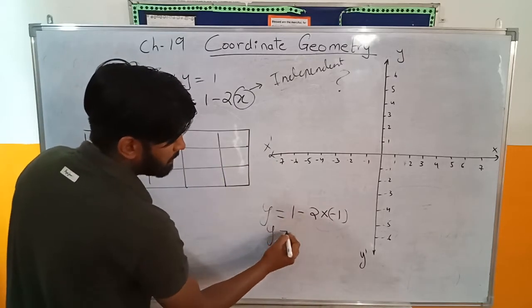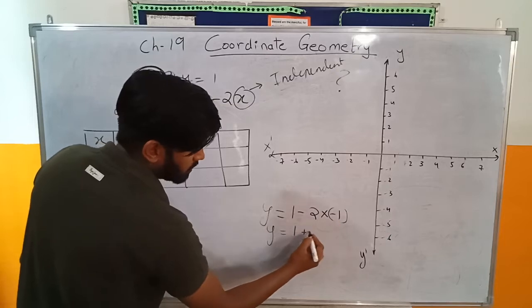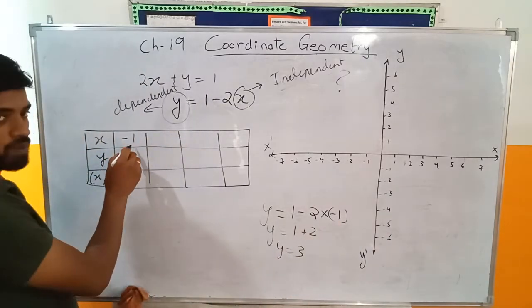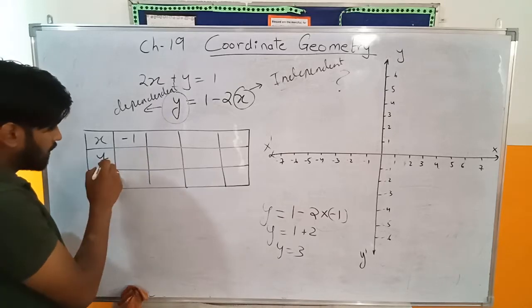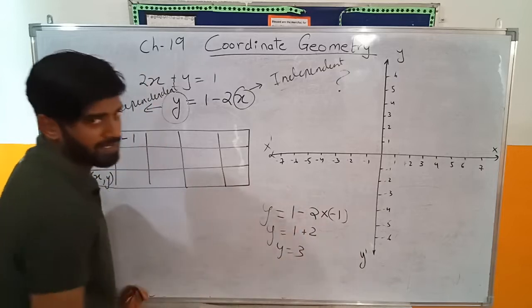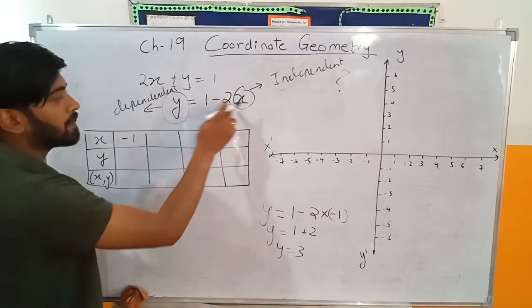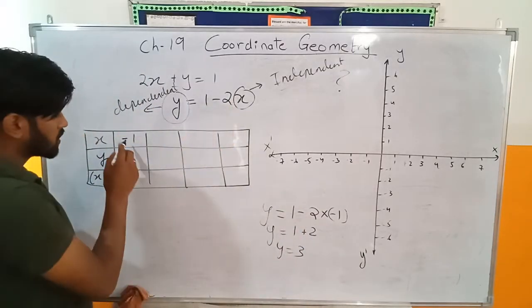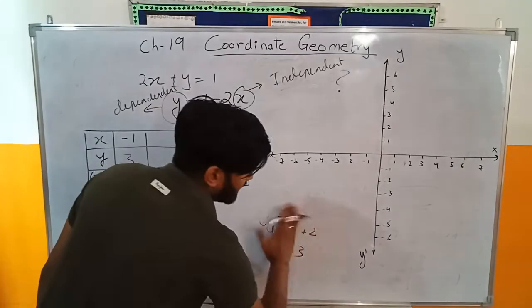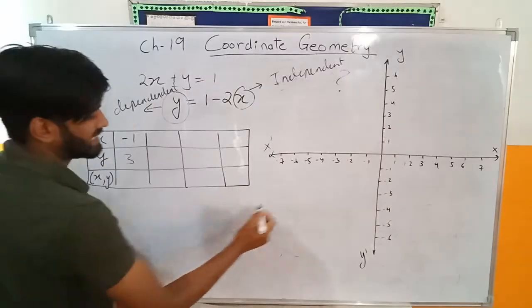So 1 minus minus becomes +2. So y equals 3. When you took x as -1, y was totally dependent on x. Whatever you take x, y is dependent on x. x can take itself to be anything. So when you took x as -1, y comes out as 3. So let's see, let's take x as 0.